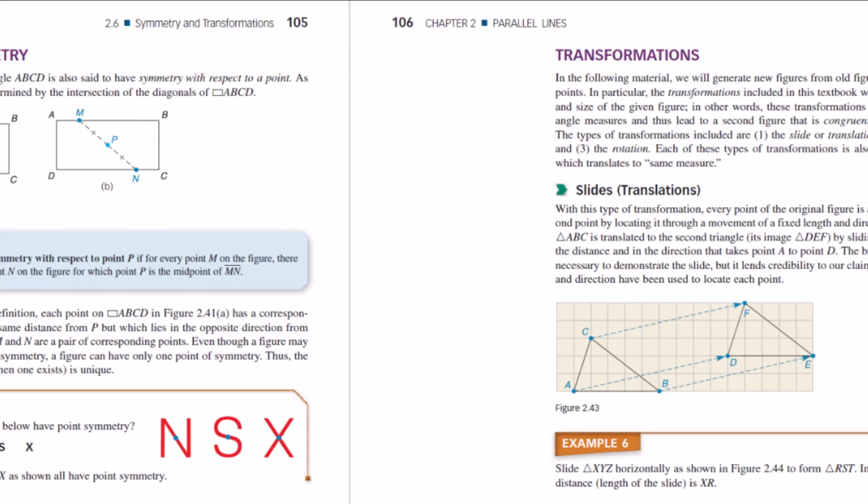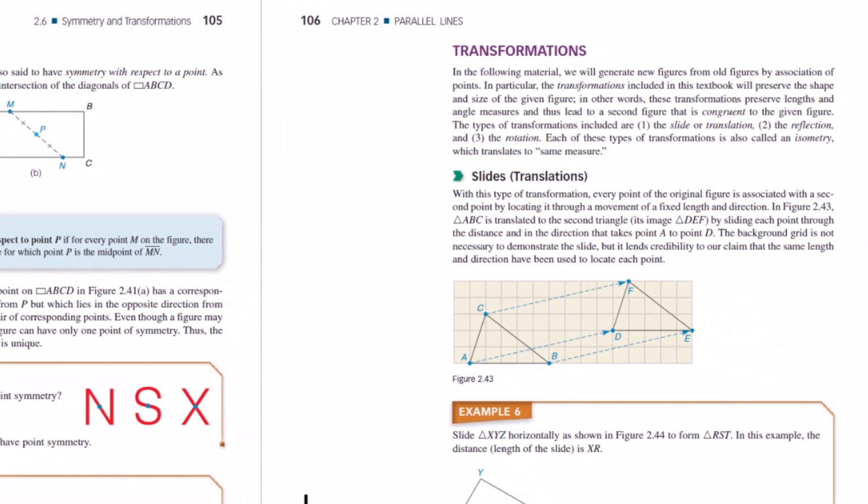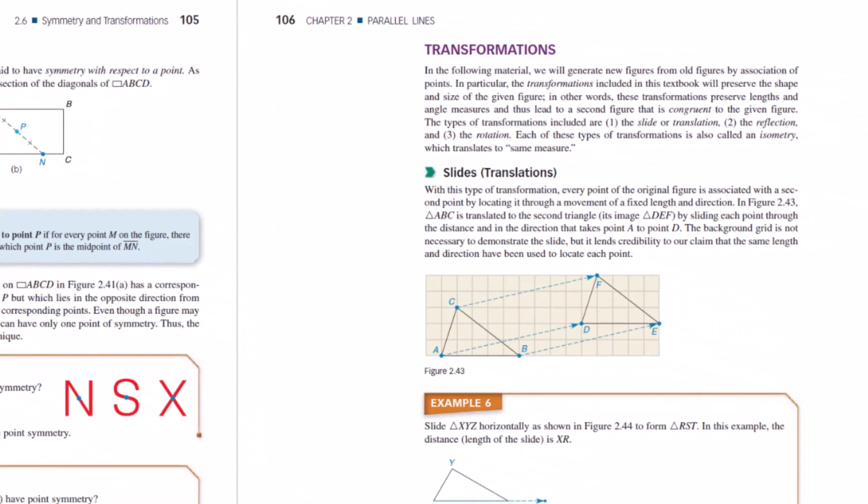Okay, so now we want to talk about transformations of figures. What they're talking about here is that we could start with a figure, like any kind of polygon or triangle, or even a 3D solid body, like this, for example.